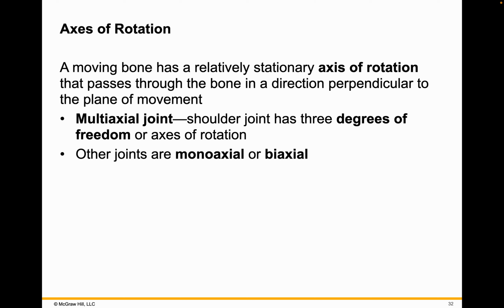They can be multiaxial joints, such as the shoulder joint. We can get lots of degrees of freedom, or lots of axes of rotation, depending on how you look at it. And other joints are monoaxial or biaxial.